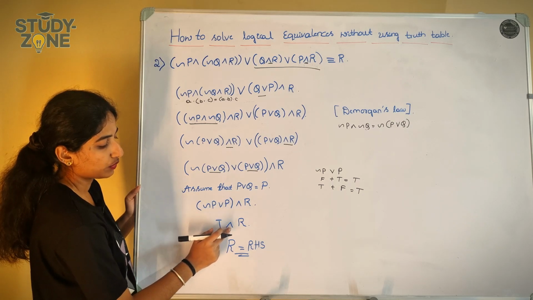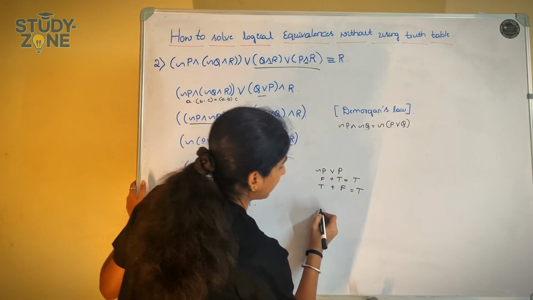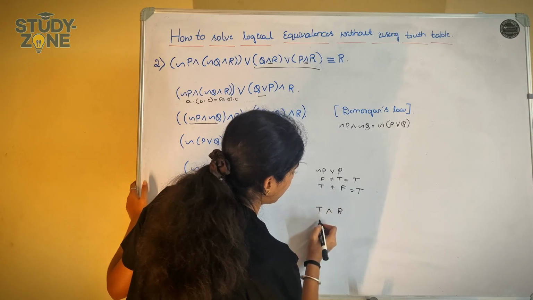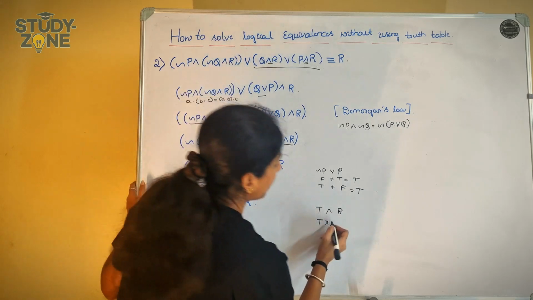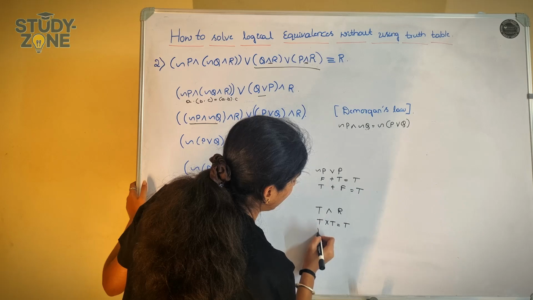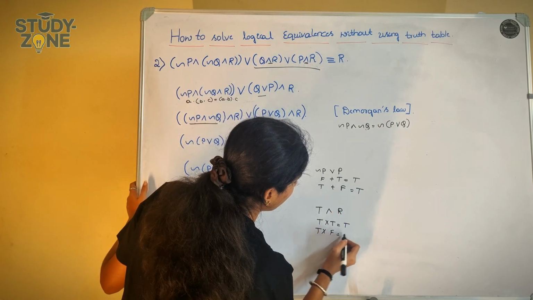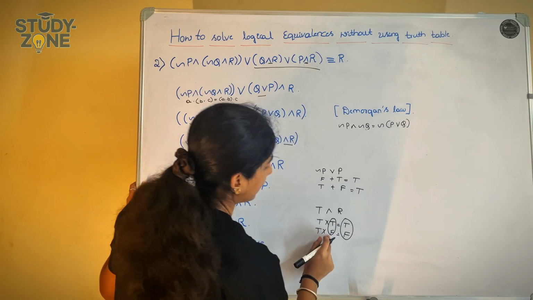Correct. And then true and R. For this we can do the same, true and R, which means true into R. At first let us take R as true, right? True into true is true, and then let's take R as false. That is also false. So look at this, here it is the same.